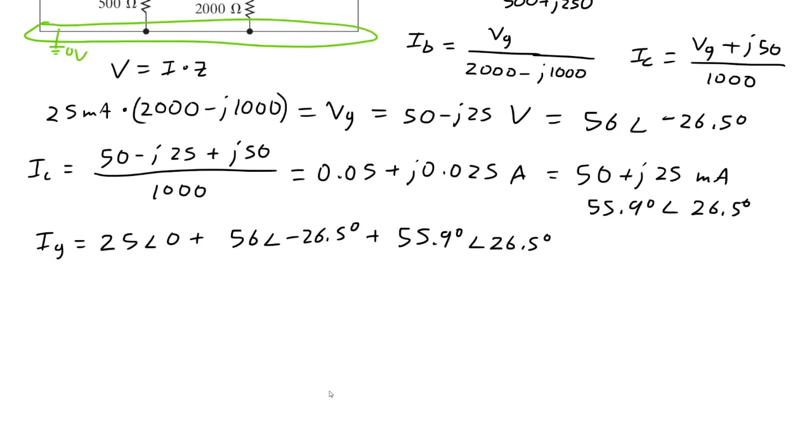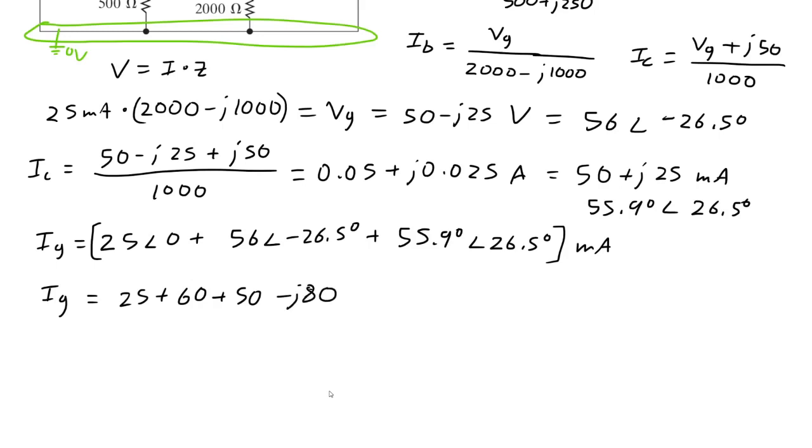Now we have to convert these to the rectangular form first before we can move on. IG ends up being 25 plus 50 plus 60, those are the real components of each of these.